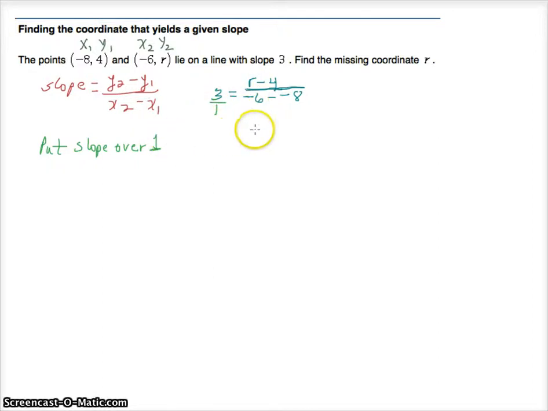Okay, let's rewrite this so that we can see it. I have 3 over 1 equals r minus 4 over -6 minus -8. Now we have a proportional scenario where we can just solve our proportion for r.